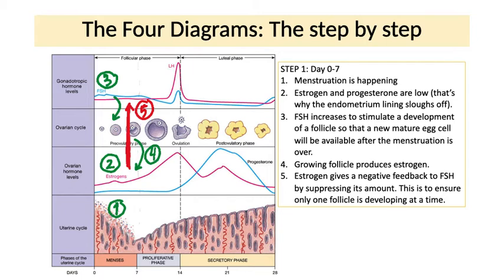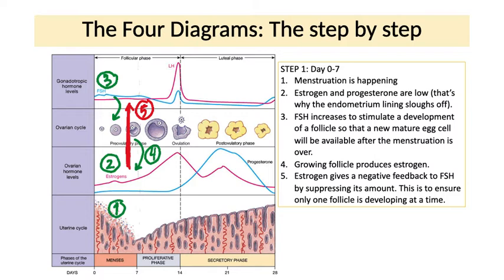Let's start with step 1, which is from day 0 to day 7. So from day 0 to 7, menstruation is happening. You can see the green number 1 on the picture that I have written there. That illustrates how the endometrium lining is sloughing off during the menstruation.